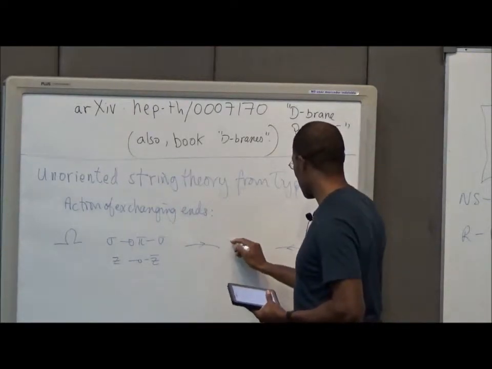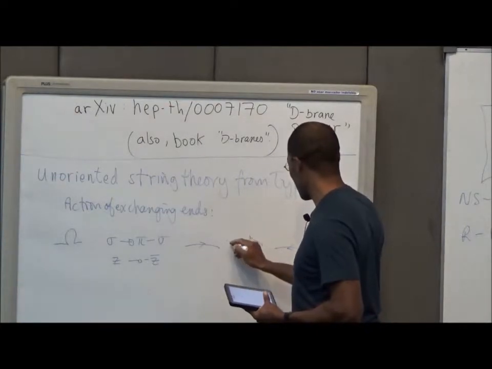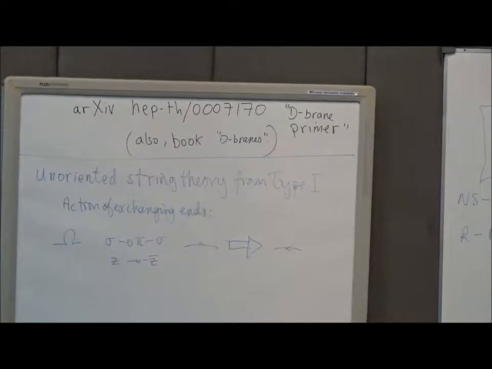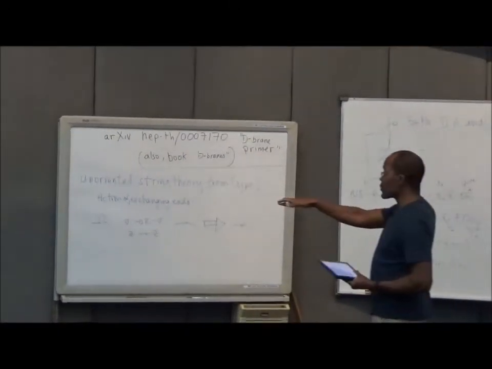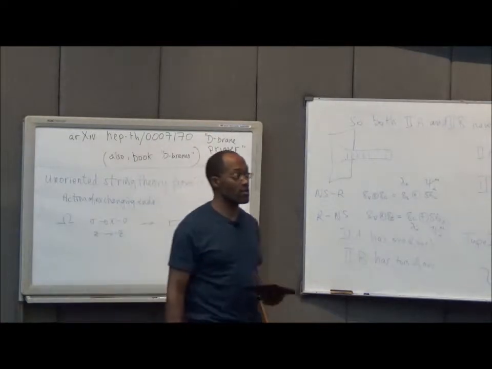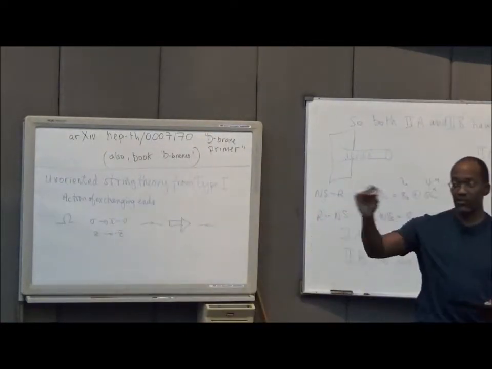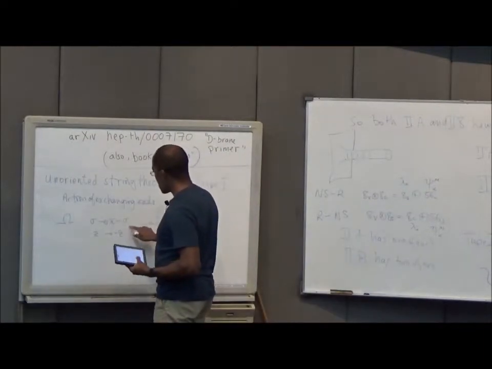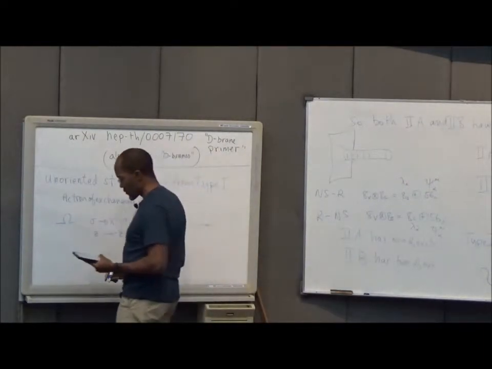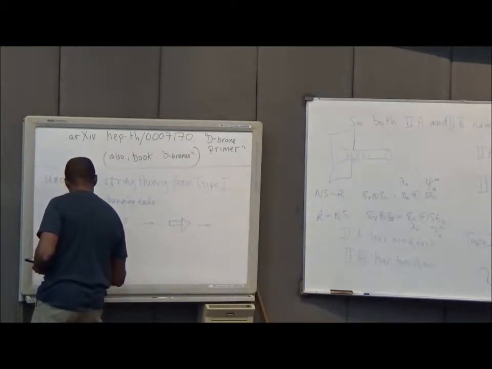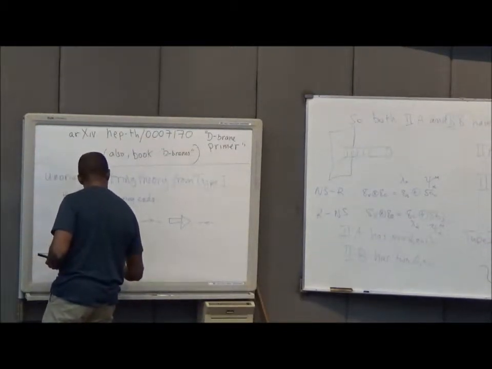Okay. Let me do it this way. So we can just go through and see what happens to the spectrum of the string theory. Go back and look at the mode expansion and see how things operate under this exchange. From the mode expansion, the center of mass of the string stays the same. The momentum stays the same.